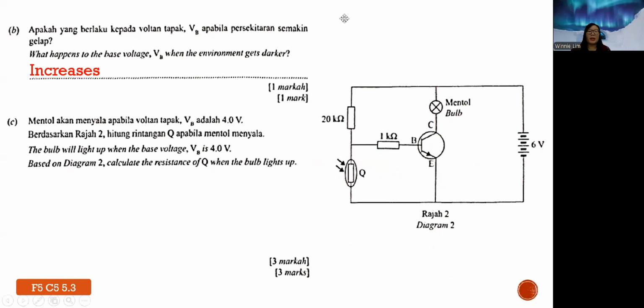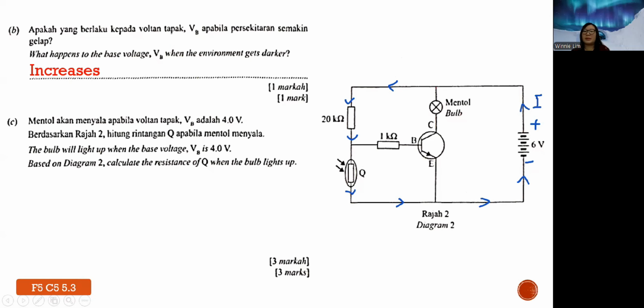Okay, so for part C, it is the calculation. To remember the formula for the potential divider is not something that is hard. You see, current flows from positive to negative. The current that flows through the first resistor, the upper part here, and the second resistor, the bottom part here, is actually the same, because they are arranged in series: the 20 kilo ohm and the LDR.